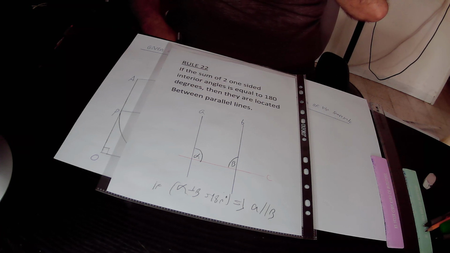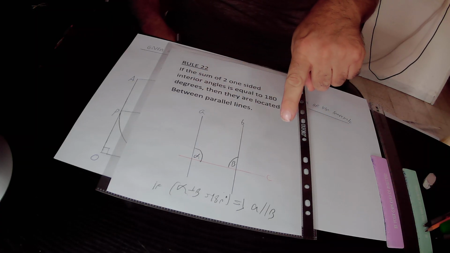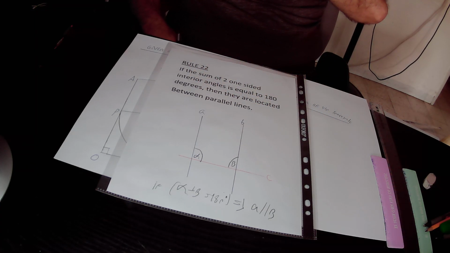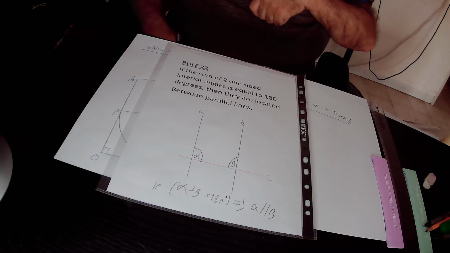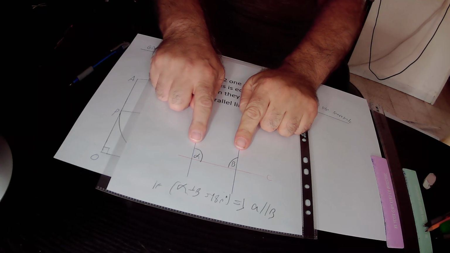Or you can say that we have line A and line B, and we don't know whether they are parallel to each other or not, and we have line C that cuts those two lines. But we do know that the sum of those two interior angles is equal to 180 degrees.